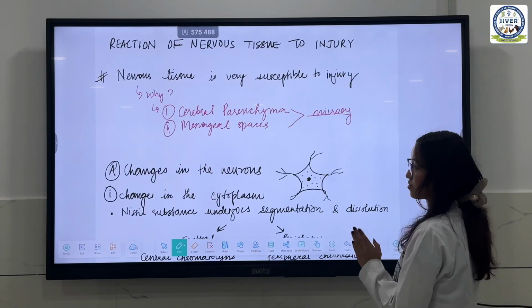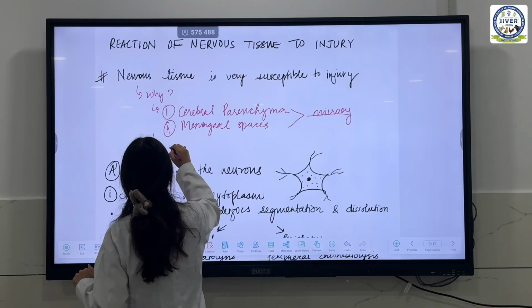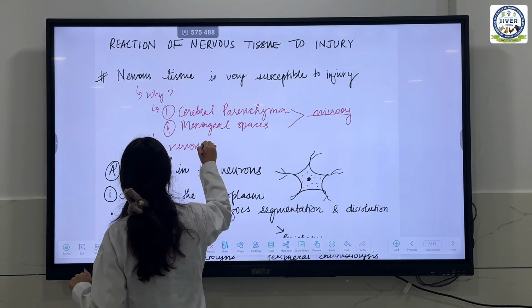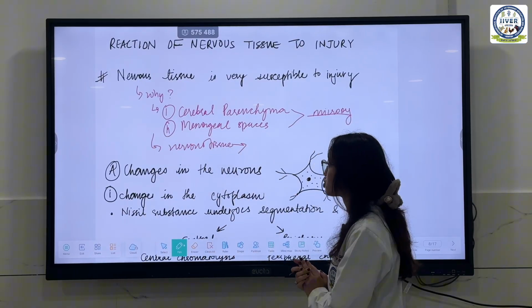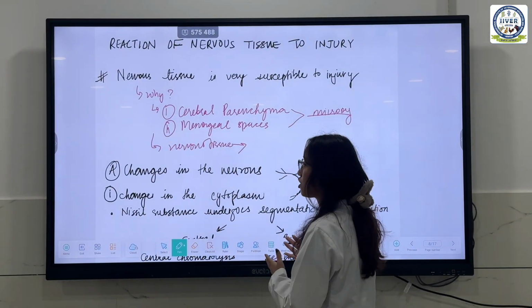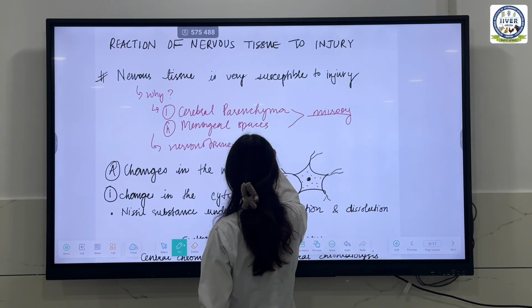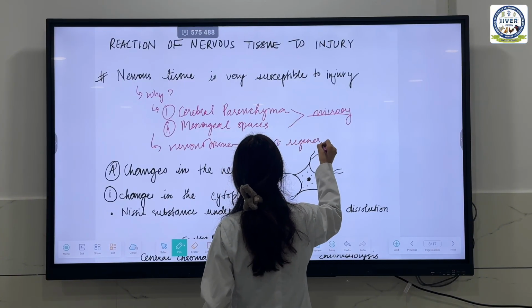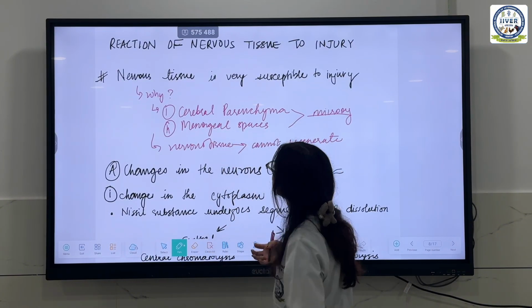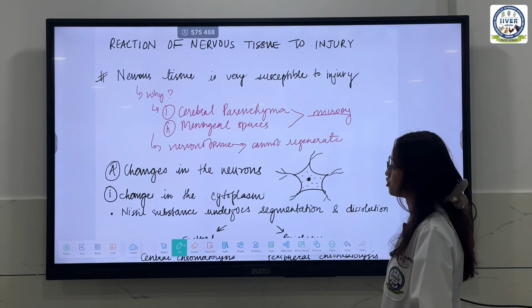So this is one of the primary reasons. The second reason being the nervous tissue: once it is damaged or degenerated, it cannot grow back, or the healthy neurons cannot replace it again. These two are the main reasons why your nervous tissue is very susceptible to injury.